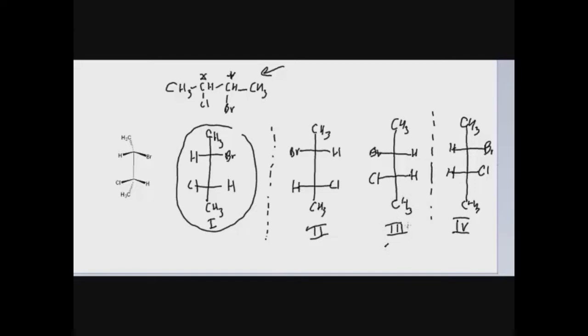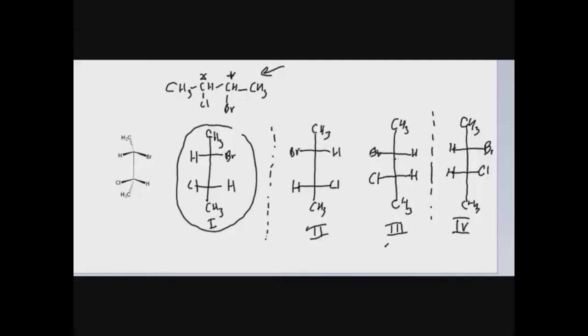But what's the relationship of stereoisomer 3 to 1? They're different. They're not superimposable, obviously. They're not mirror image isomers because 3 and 1 are not mirror images.